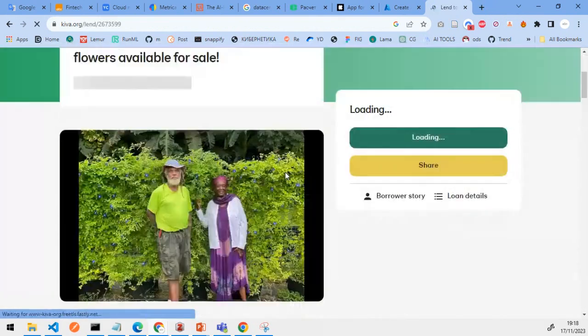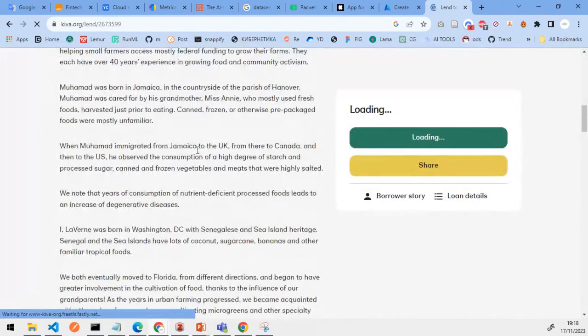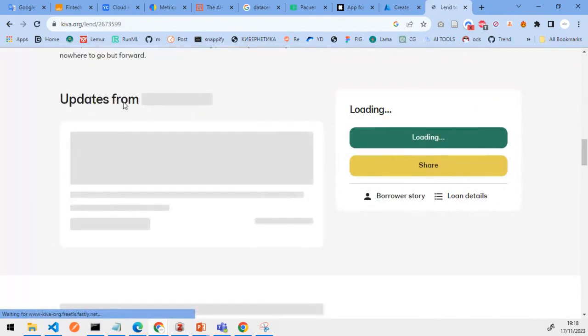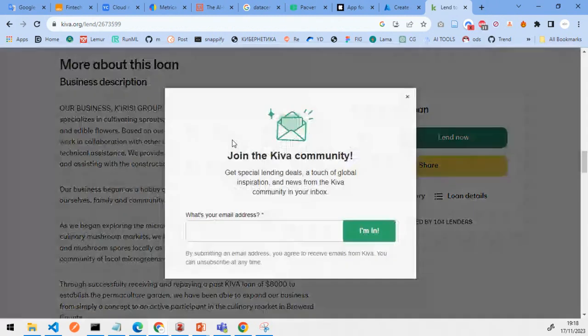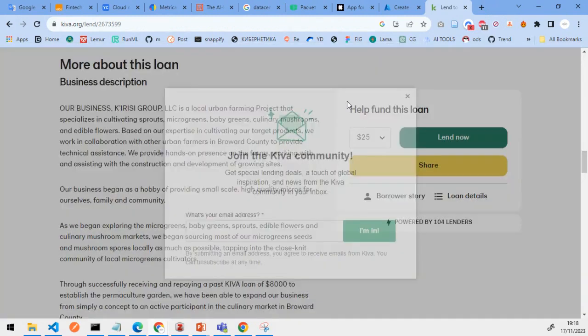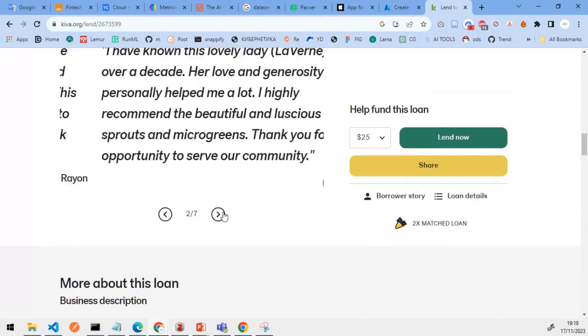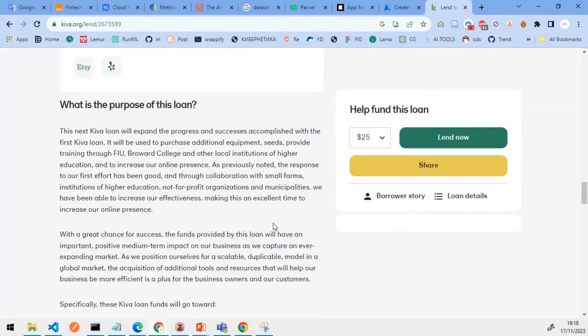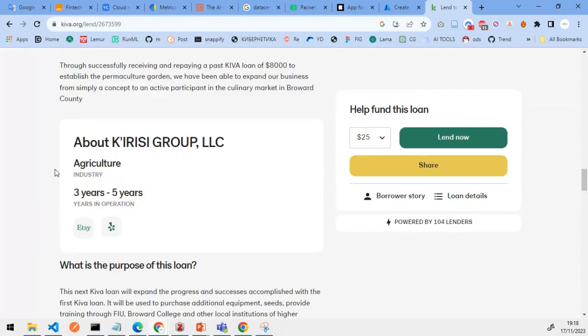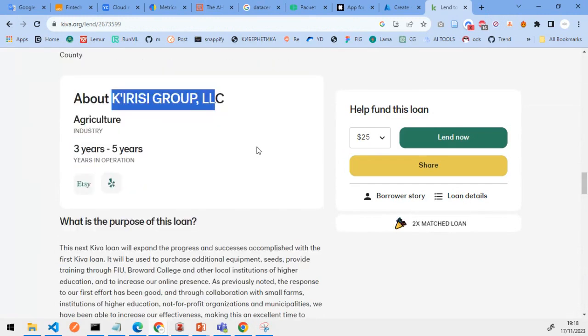Some people write all the information about it, and there are also updates. All this information is verified because it's not fake. They have to do a lot of background checks. That's one of the challenges with finance stuff. They have to make sure that these are original, authentic, legal companies.